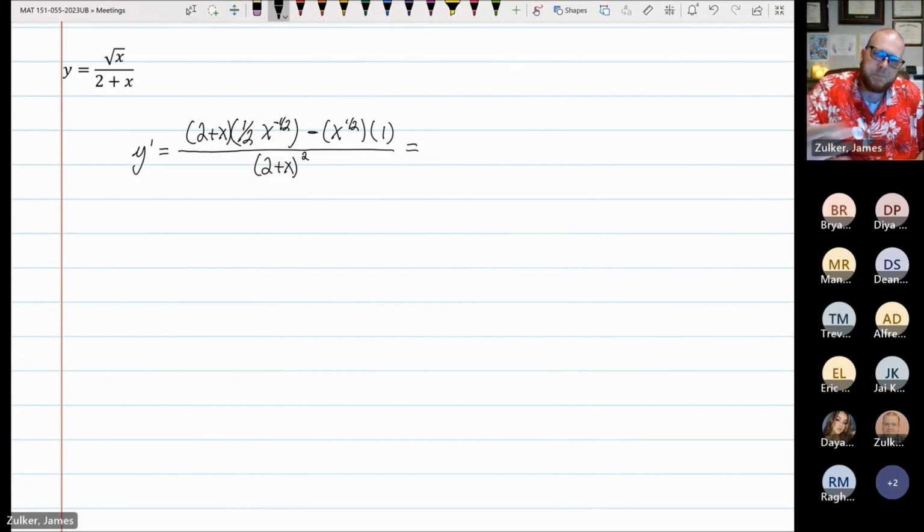Factor out common terms. So I'm actually going to go ahead and factor out a 1/2 x to the minus 1/2. Leaves us with 2 plus x for the first term, right? Minus x to the half times 2.